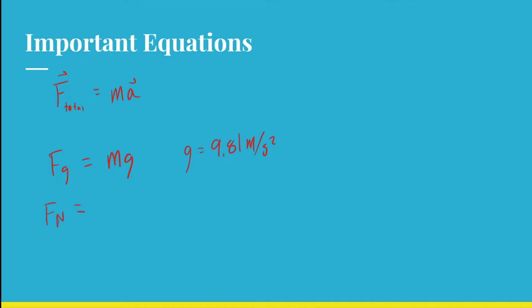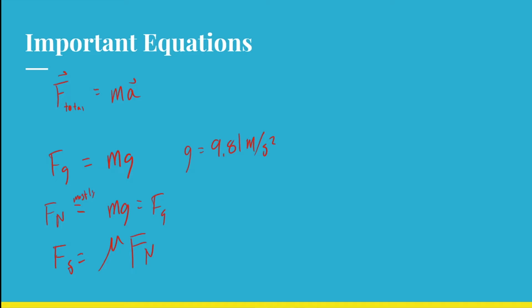The normal force is most of the time going to be equal to mg, which is just the force of gravity. And then the force of friction is going to be equal to some coefficient here times the normal force. These are the important equations.